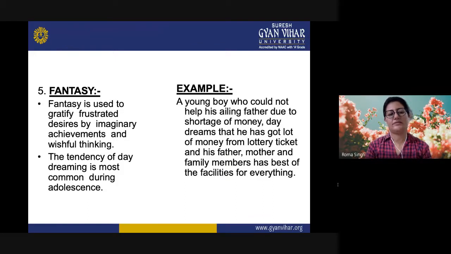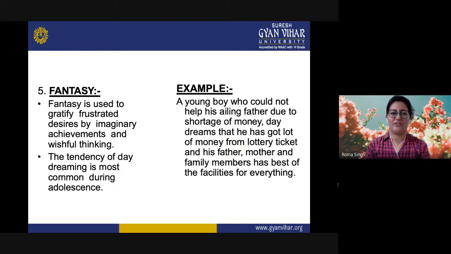Then the next defense mechanism is fantasy. Fantasy is used to gratify frustrated desires by imaginary achievements and wishful thinking. What we have not been able to achieve, we do in our daydreaming. The tendency of daydreaming is most common during adolescence. For example, a young boy who could not help his ailing father due to shortage of money daydreams that someday he will get a lot of money from a lottery ticket, and his father, mother and family members will have the best of facilities for everything.